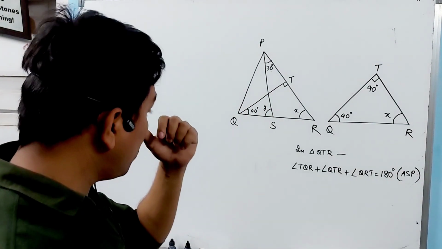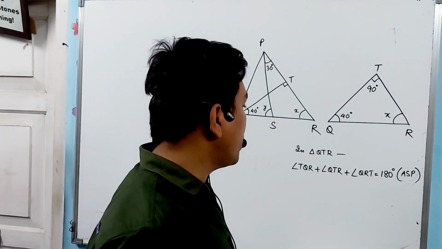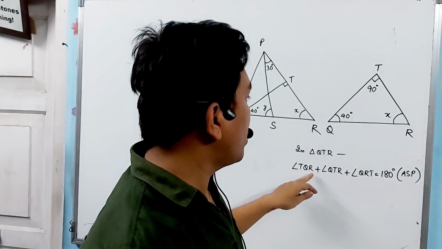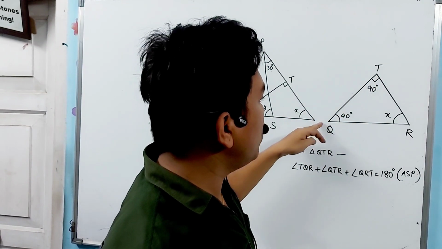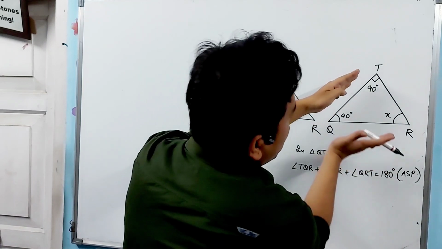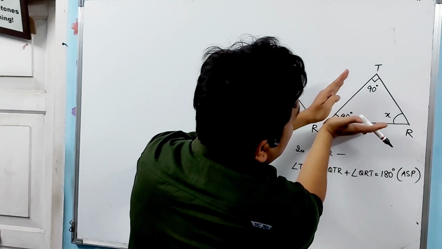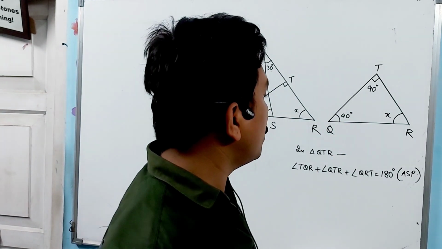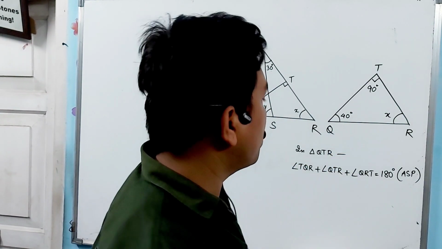Okay, some of you don't know which angle is TQR, which angle is QTR. TQR, this is the angle. QTR, this is 90 degree, and QRT, this is the angle.